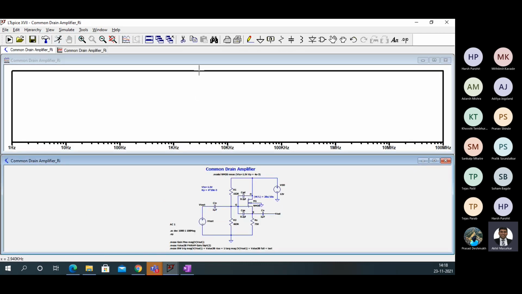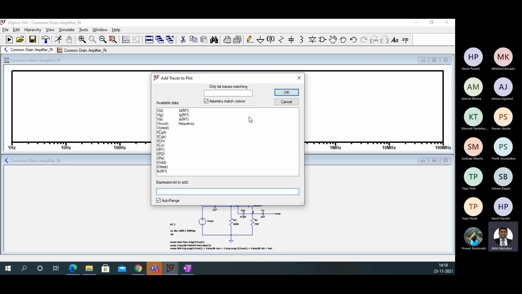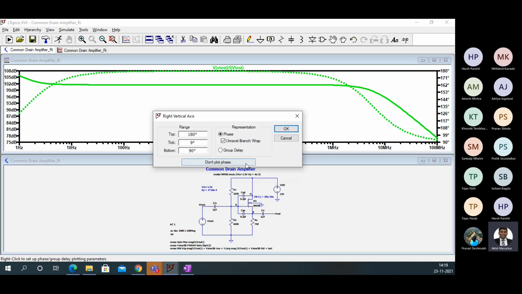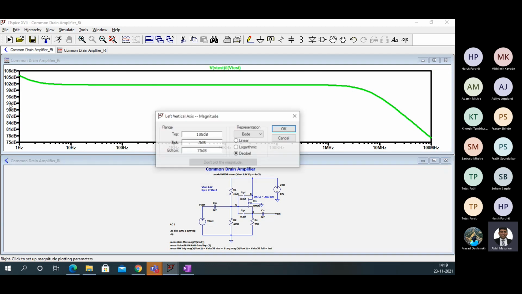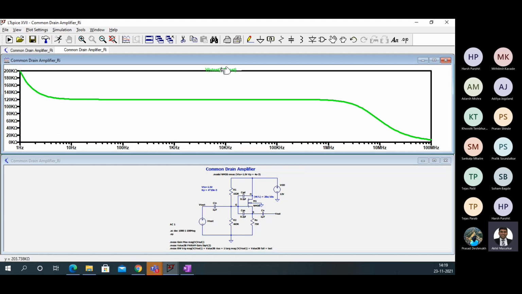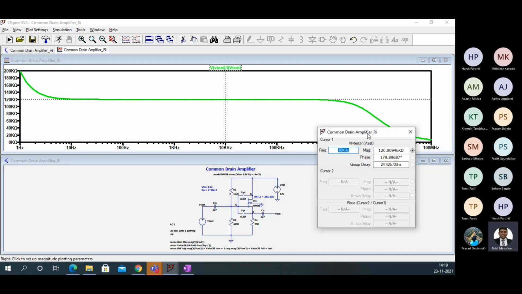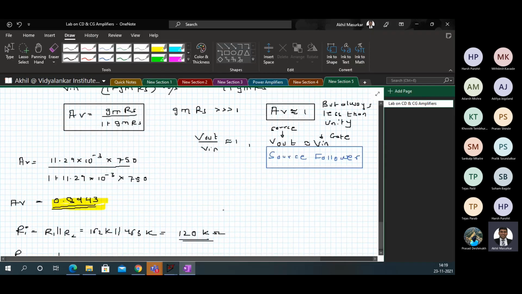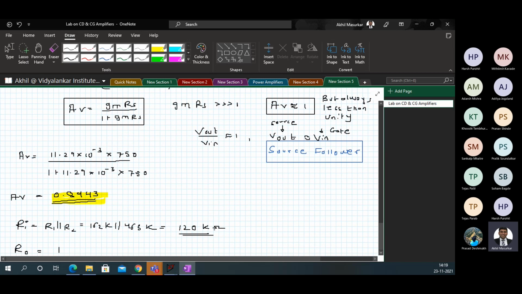Now what we want to plot here is V test divided by I test. So we got this. We'll say don't plot phase, and here if you plot linearly, the value that we are getting is, you can see, 120 kilo ohms, and here also we were getting the value as 120 kilo ohms.